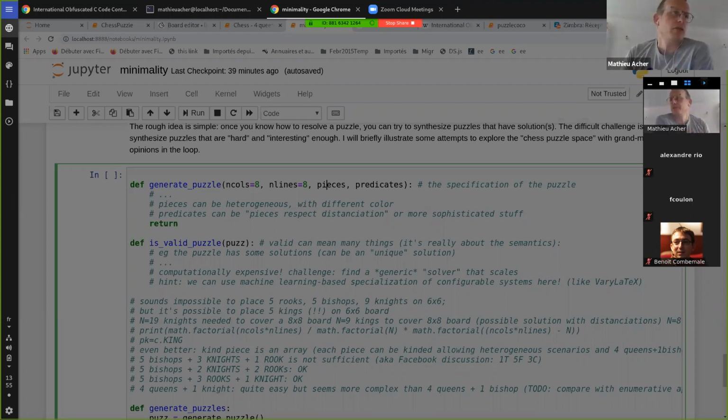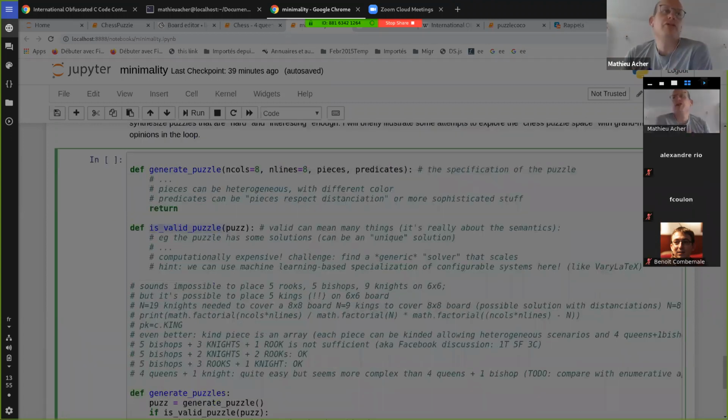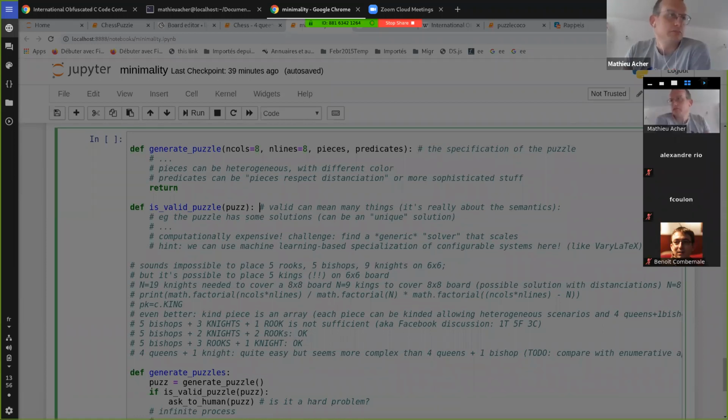And then you have also some notion of validity. So validity in the semantic domain. It means that you have a puzzle and you want to check that the puzzle has at least one solution. Maybe you want to verify that it has a unique solution, because that's the beauty of the puzzle. And you can certainly specify something here about your puzzle, but not everything.